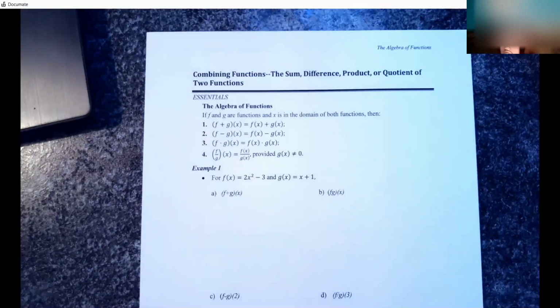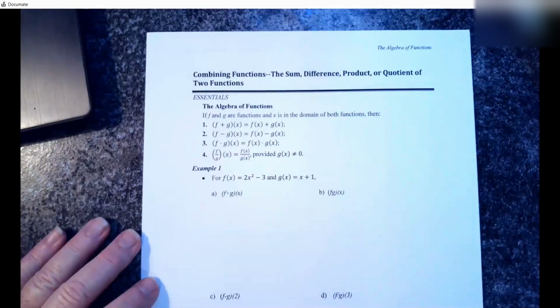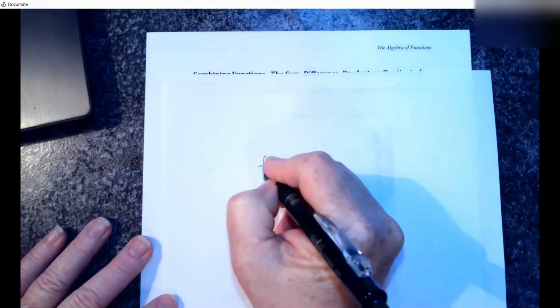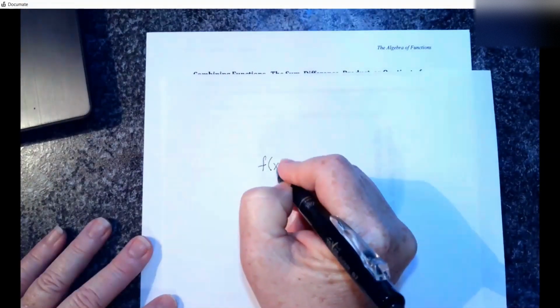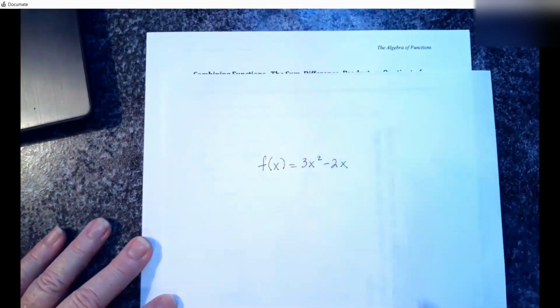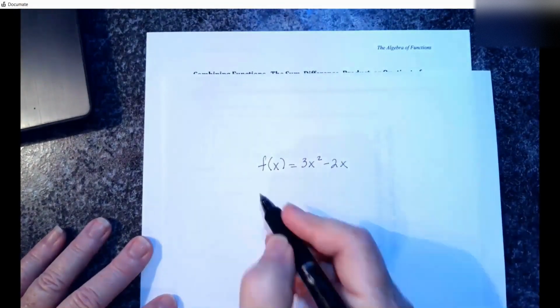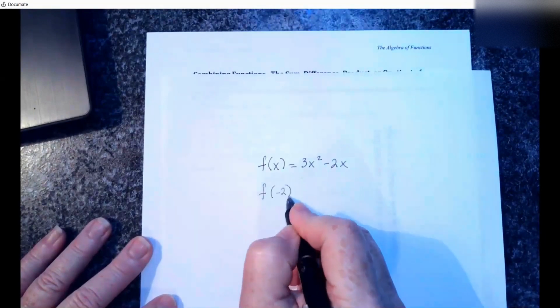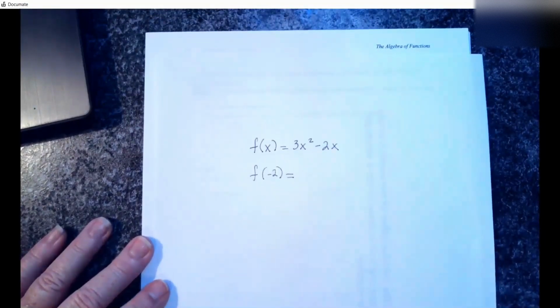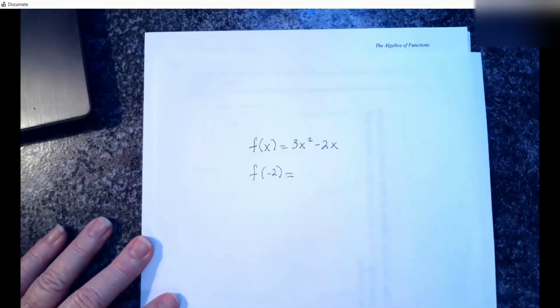All right, so just for a quick review, if I asked you to take f of x equals 3x squared minus 2x and evaluate f of negative 2, what would you do? Wherever there's an x, you'd put -2 in parentheses.